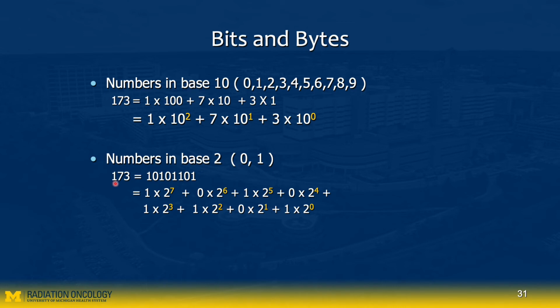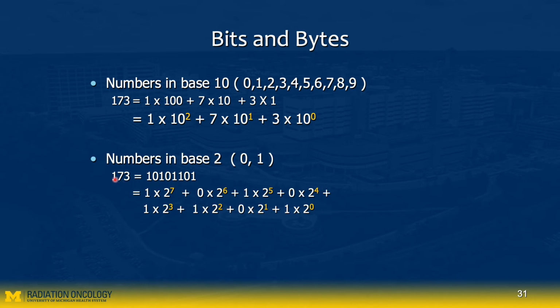So the same number 173 is stored as 10101101. As you can follow in this example, the first one stands for 1 times 2 to the 7, and the second is 0 times 2 to the 6. So 7, 6, 5, 4, 3, 2, 1, and 0, and so forth.